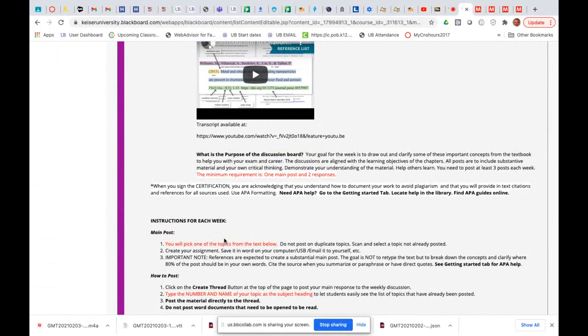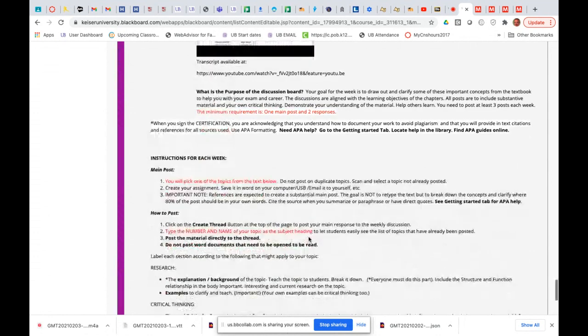Your response can open up with your critical thinking. Make sure you bold it and label the topic critical thinking. And then underneath it, you could support some of that with some research. You would then say research and put your research component to it. It doesn't always have to be research and then your critical thinking about it. It could be your thoughts, critical thinking, and then you found something to support that. It could work both ways.